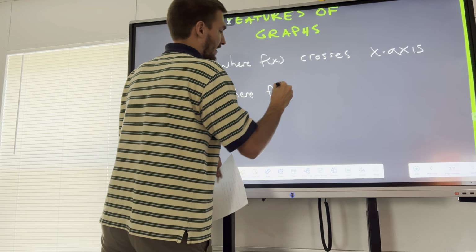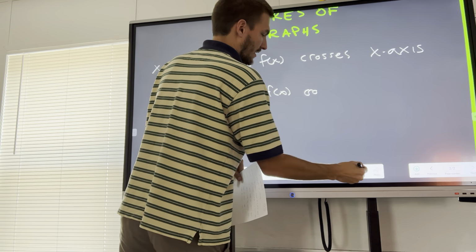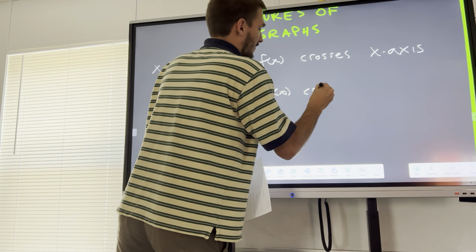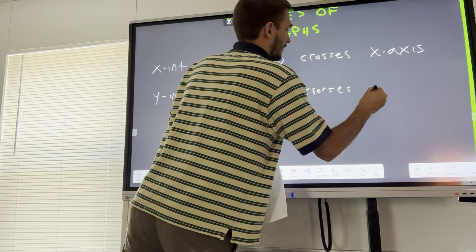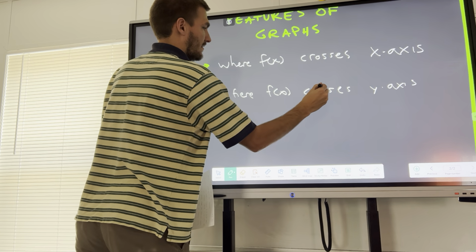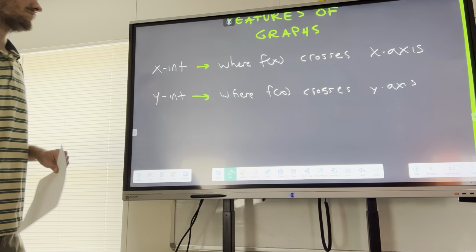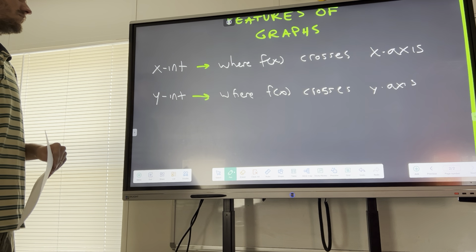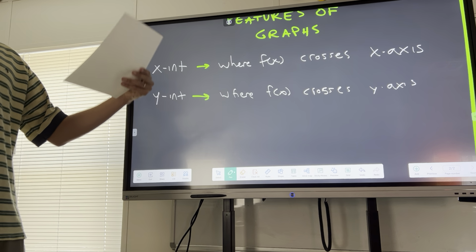Where f of x crosses the y-axis, and what is that? Sure, we gotta know that.